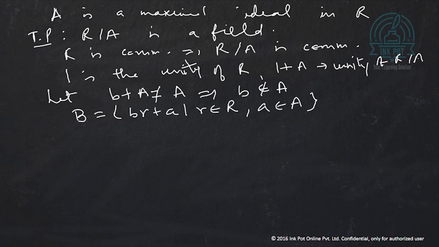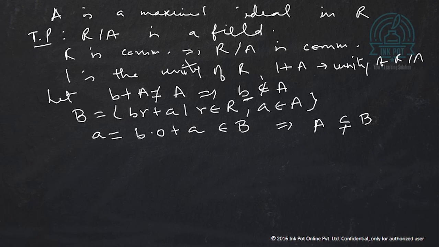Now, because the elements in A can be written as b times 0 plus a, this belongs to B. This is of the form br plus a, so it belongs to B, which implies that A is contained in B. Also, because this element b is in B but not in A, A is a proper subset of B, right?